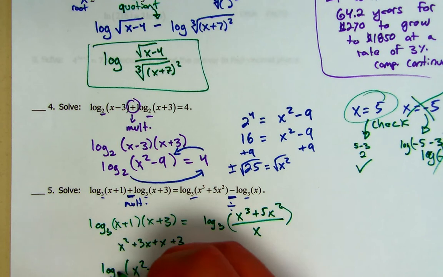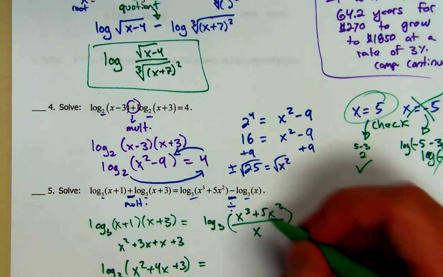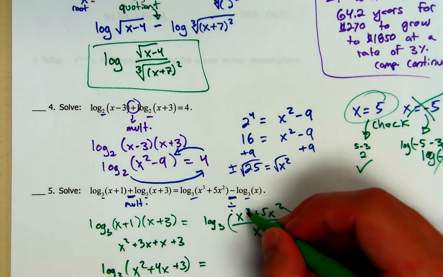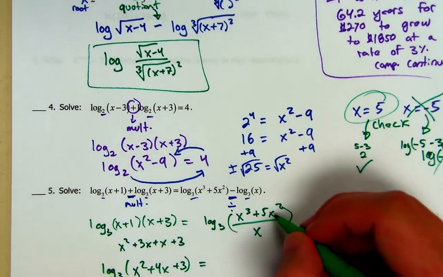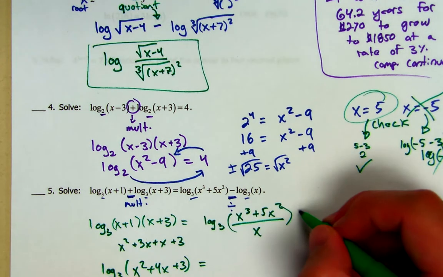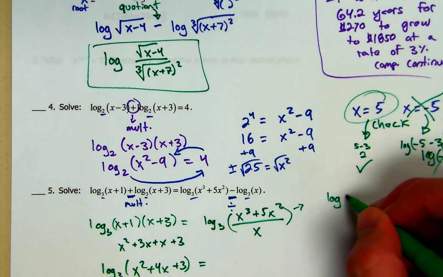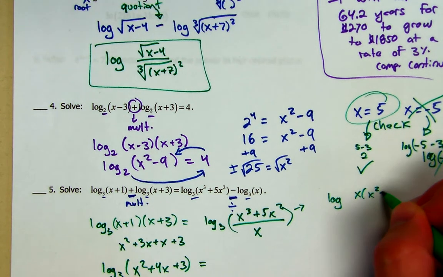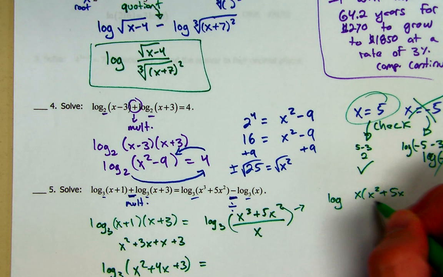And still have the logarithm. Well, if I have an x in the bottom and I have an x here and an x here, I can really rewrite this by taking out an x of both of them. So then this is really just log of x times x squared plus 5x over x. And my x's will cancel out.